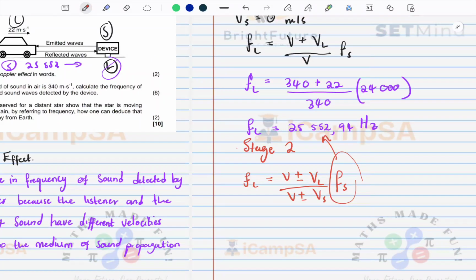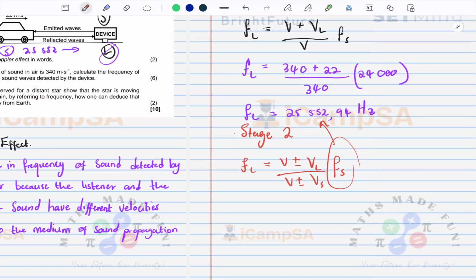We know that the source is now moving towards the listener, so the denominator has to be less. Please visit one of our videos where we do the Doppler effect. The listener is at 0 again, so you're going to have V on top, and V minus VS times FS on the bottom, like so.